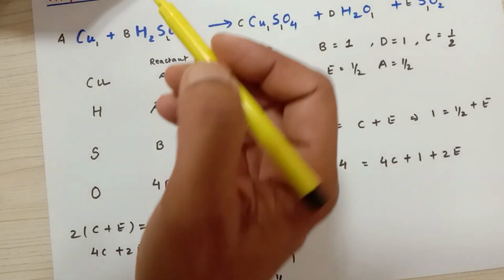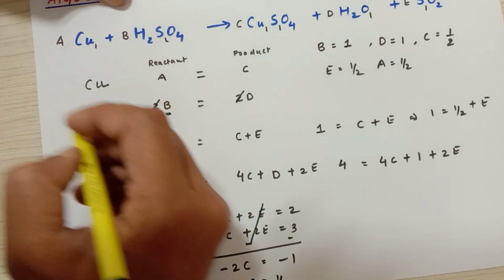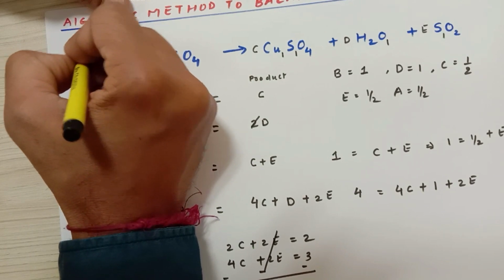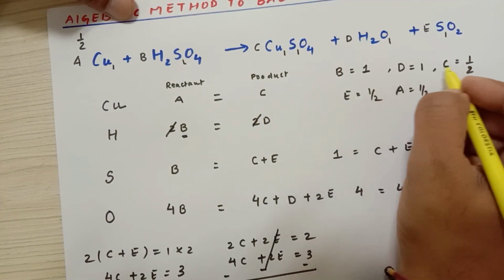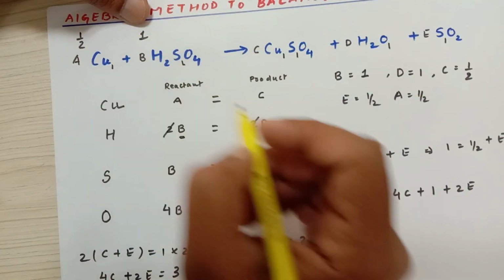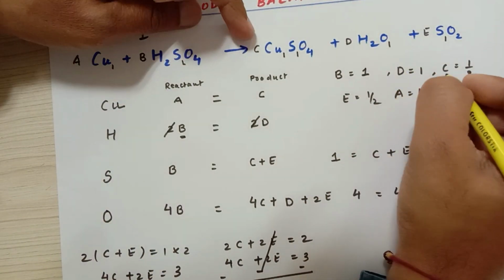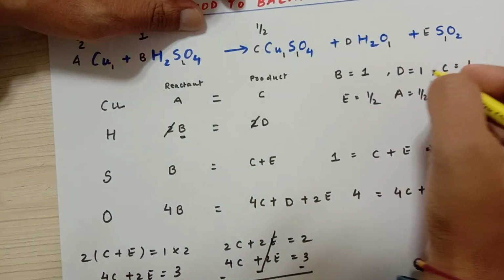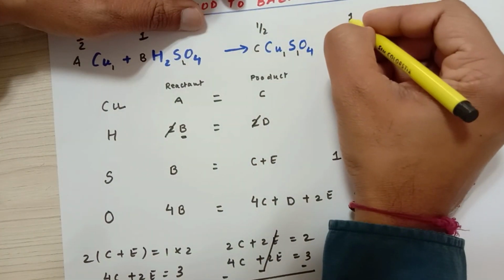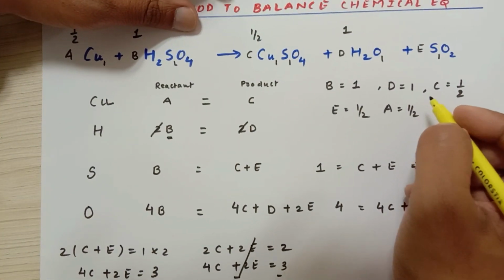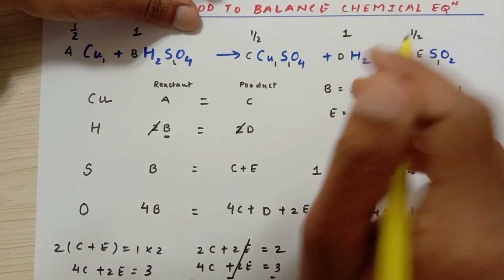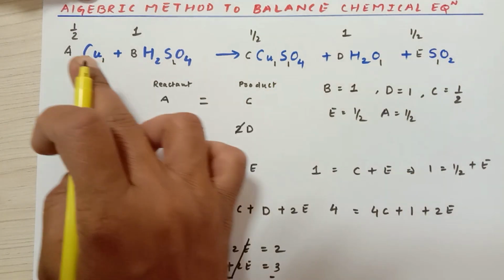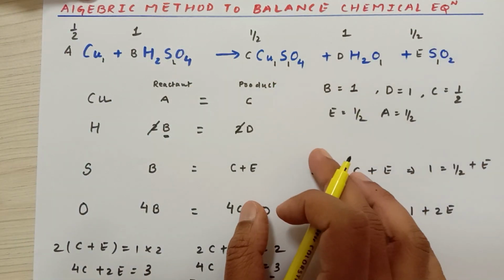So now I have found the values of all. What I am going to do is substitute them over here. So this becomes half copper, correct, as the value of A is half. Then B is 1, so this is 1. Then C is half again. D is 1. And finally our E value is also half. Now guys, we know that we don't allow fractions to be written in the balancing.